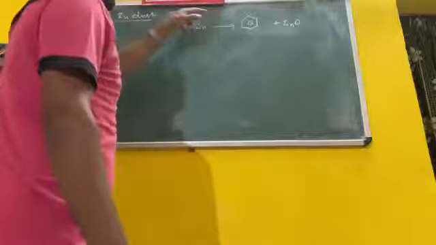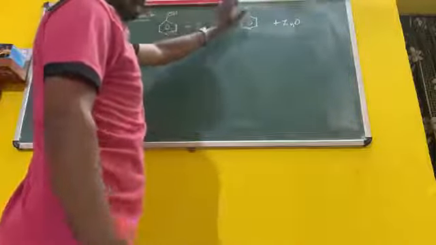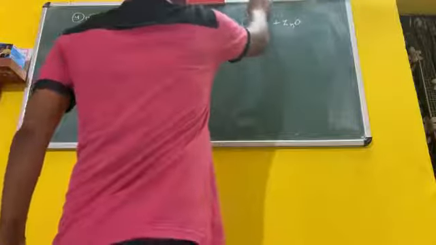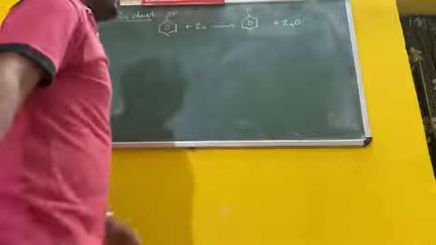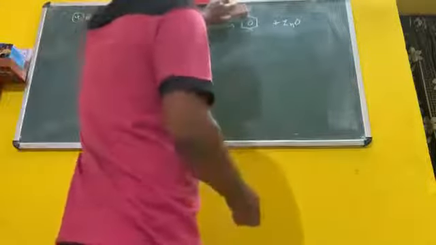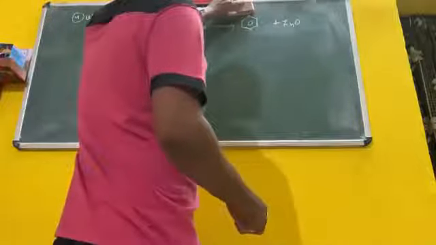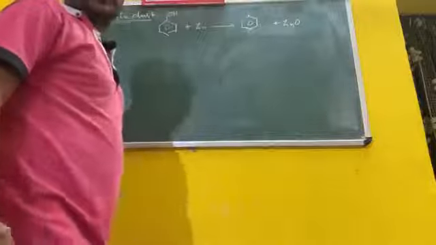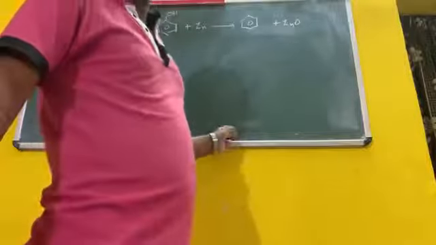Then only the H remains, that H will be at the corner. The difference, this one and benzene, these are the same. So this is your reaction of phenol with zinc dust.